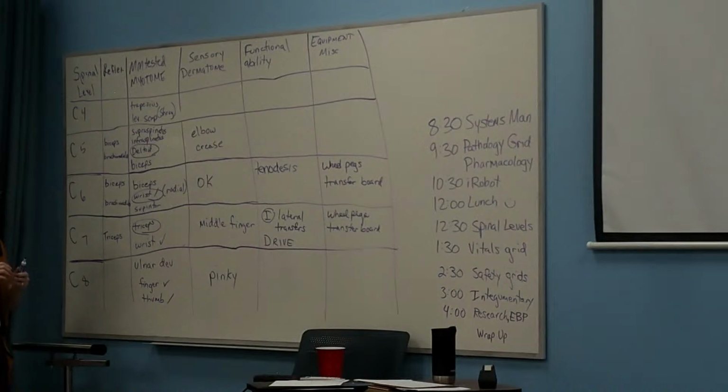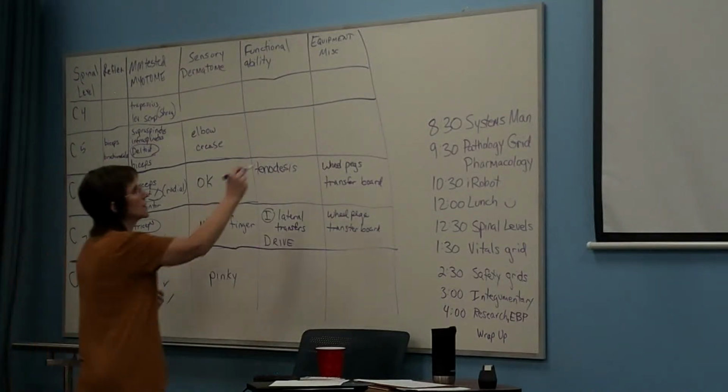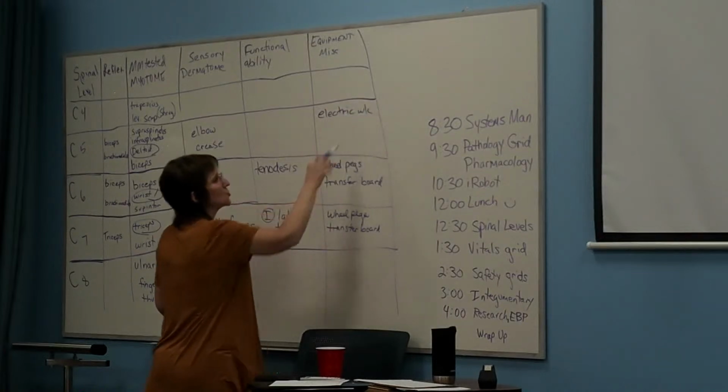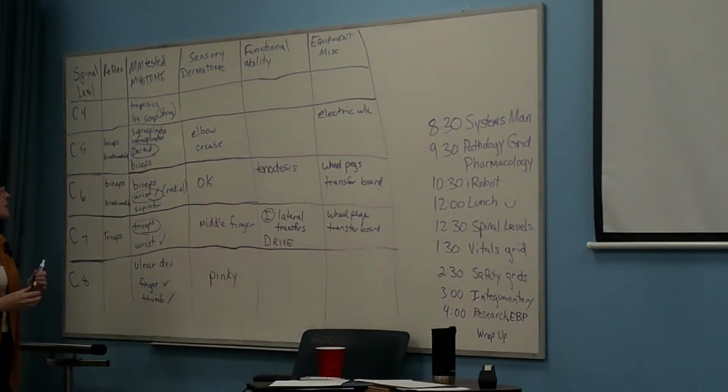So what type of hand control would they even use on a joystick for an electric wheelchair? So let's first of all say they're going to need an electric chair. What kind of joystick control would they use if they can't grab a joystick and they don't even have wrist extension? So a goalpost one where they rest their hand on it and they move it with their shoulder, okay? They could do that, but that might even be tricky.